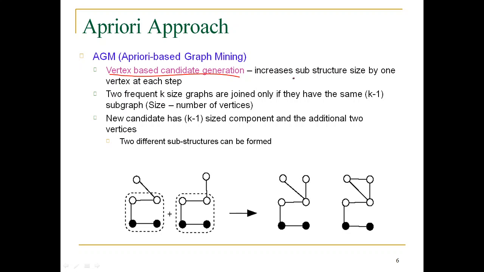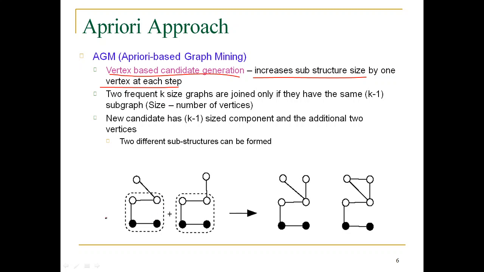So we are increasing the substructure size by one vertex at each step. We take two frequent k-size graphs, which are joined only if they have the same k-1 subgraphs, and size is equal to the number of vertices.